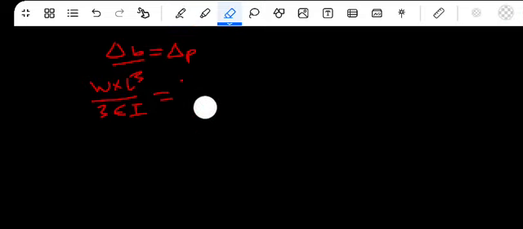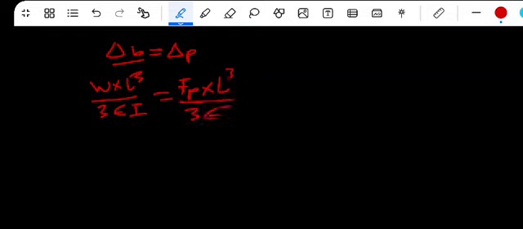So it's F prop multiplied by L cubed divided by 3EI. All right.